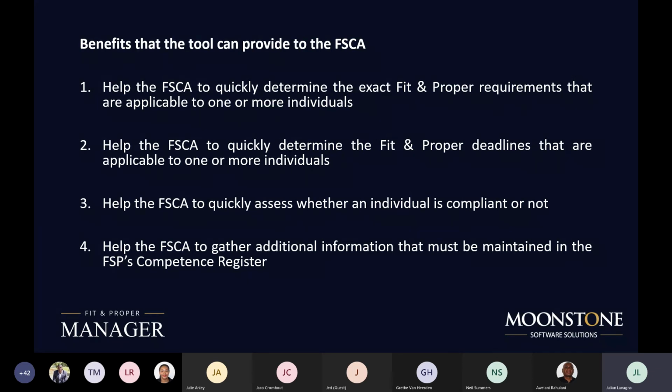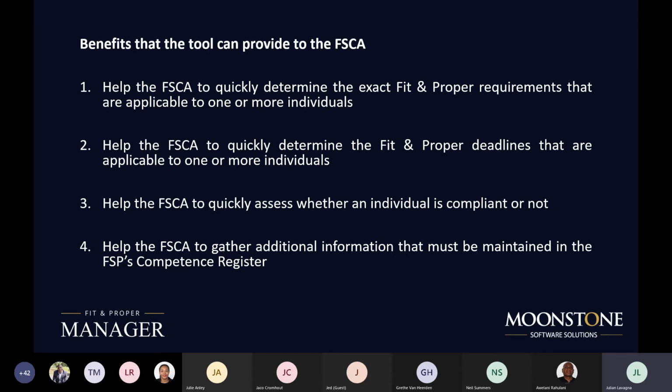The phase rep register is generated in the format required by the regulator and specifies the updates that must be communicated within 15 days of such changes having occurred. An opportunity that the regulator may therefore wish to consider is an updated competence register report. An updated report will allow FSPs to communicate additional requirements that are not currently being communicated via the current phase rep register.